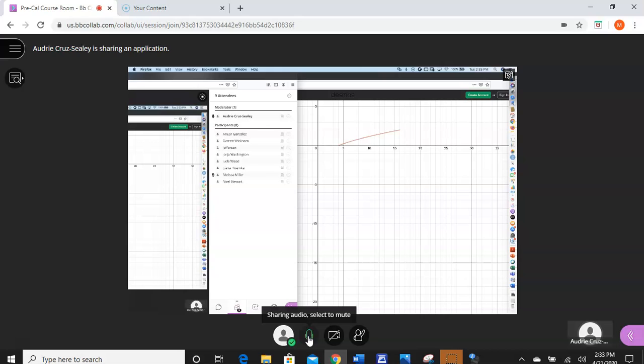Make sure your window is standard. Oh, so when you go to your window, you have to change your window. Normally it would start at 0. You should see that your t or your time starts at 0. Do you see that? You don't want it to start at 0. You want it to start at 2. And then change your T max to 4.